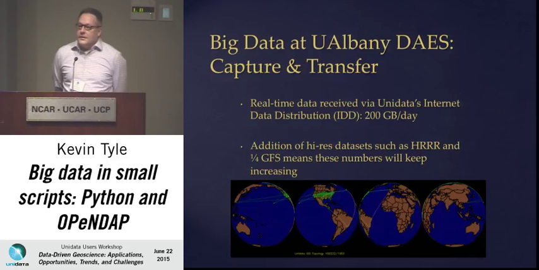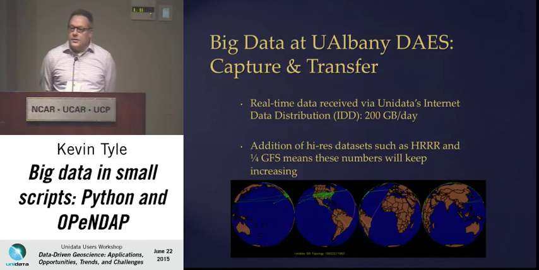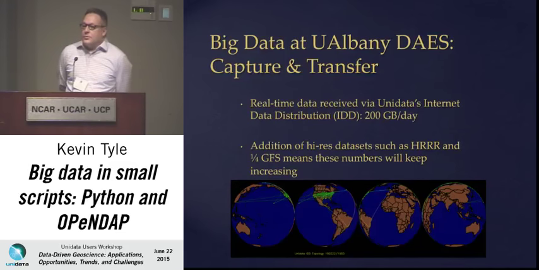We have high-resolution data sets such as the HRRR, and the GFS later this summer is going to start to become available over Unidata's CONDUIT data stream at quarter-degree resolution. So it really becomes a problem: how best can we store data, and particularly what data do we really need to have sitting locally on, say, our department's network.